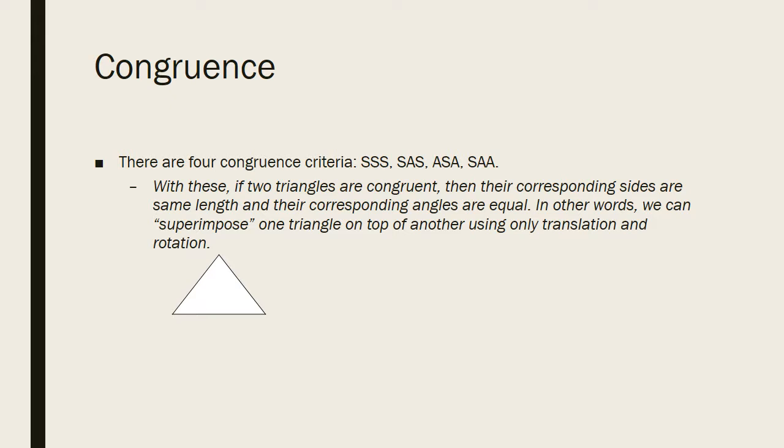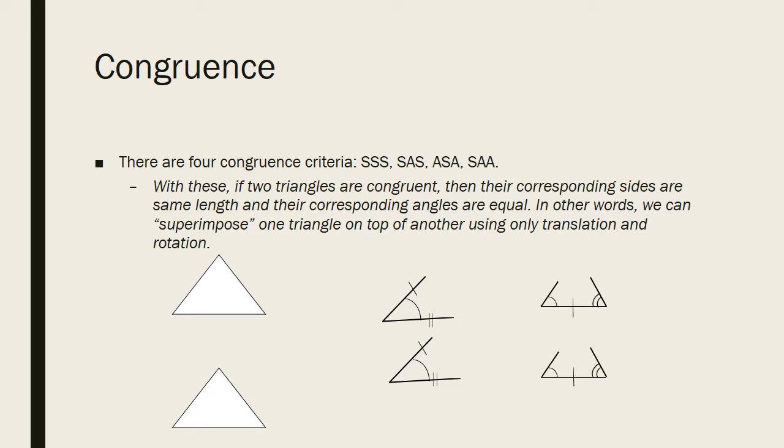There are 4 criteria in proving that triangles are congruent. Congruent meaning that they have the same shape and size. These are side-side-side criteria, side-angle-side criteria, angle-side-angle criteria, and side-angle-angle criteria. Now, if you have the same measures for these 3 values, then you have 2 congruent shapes.